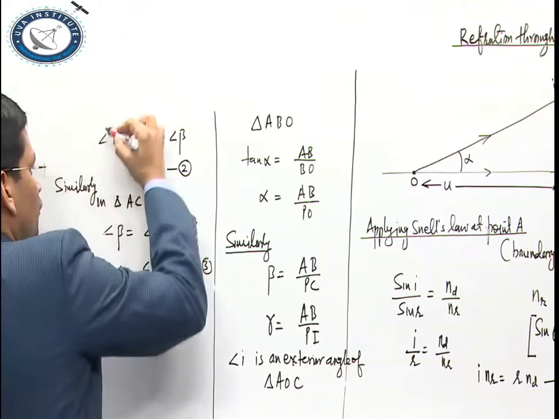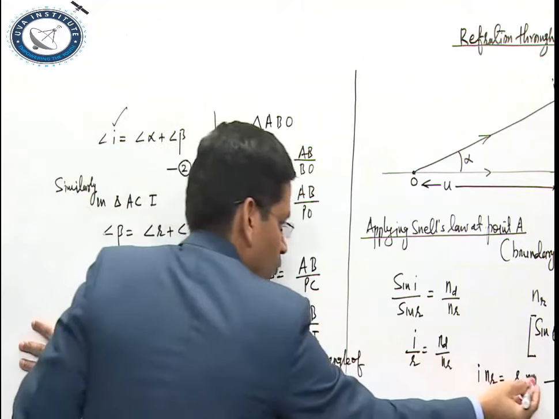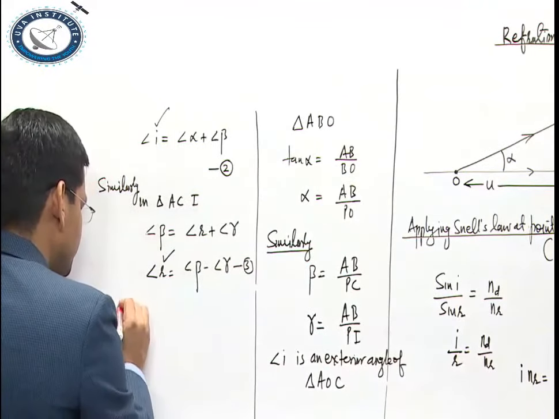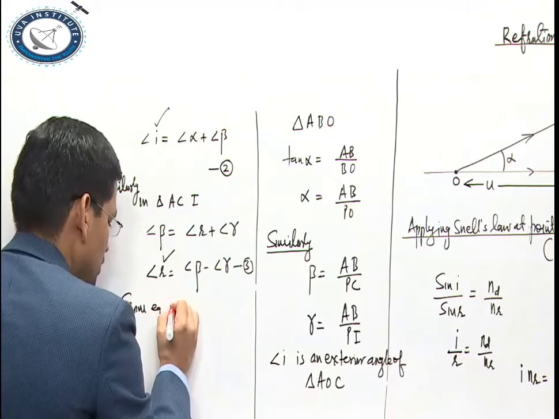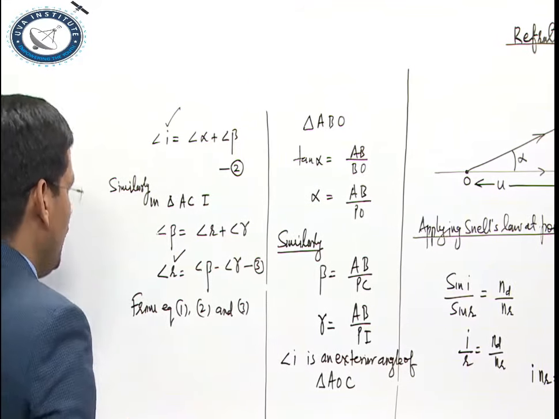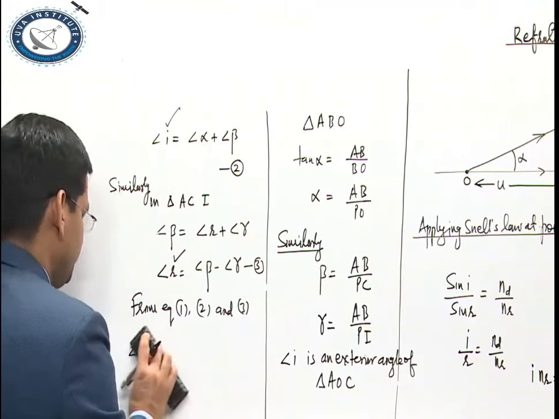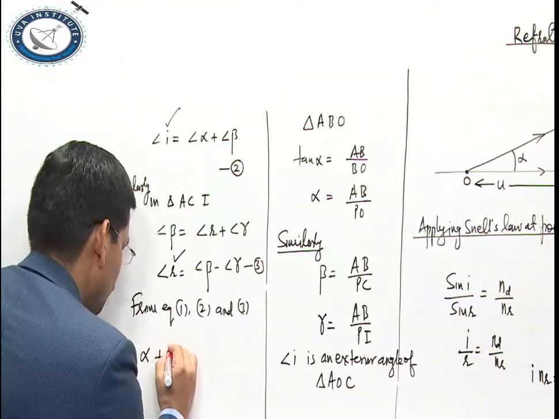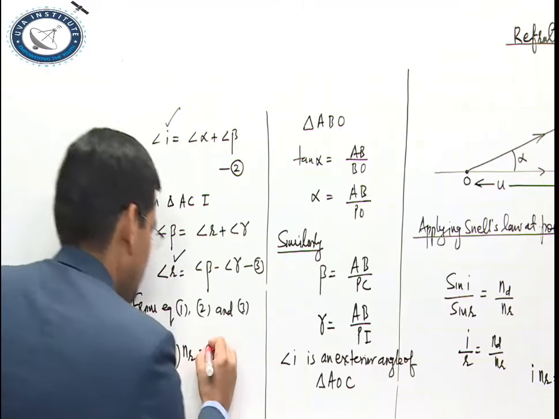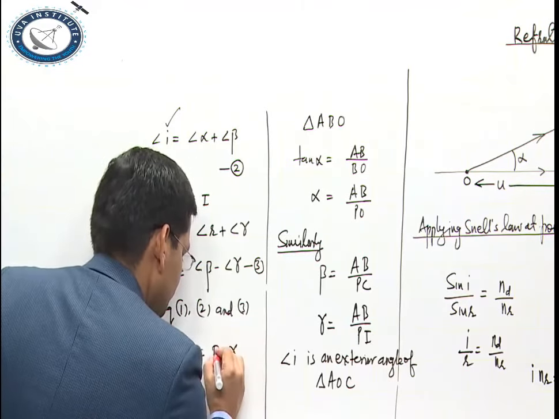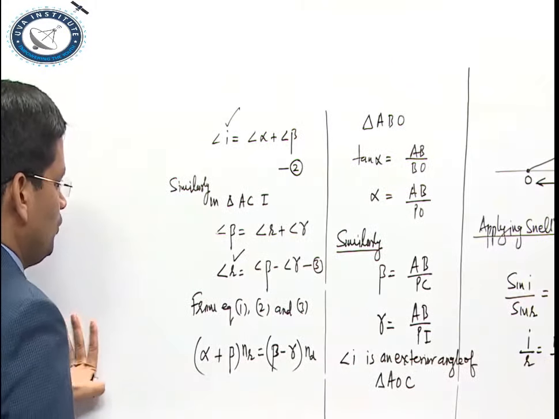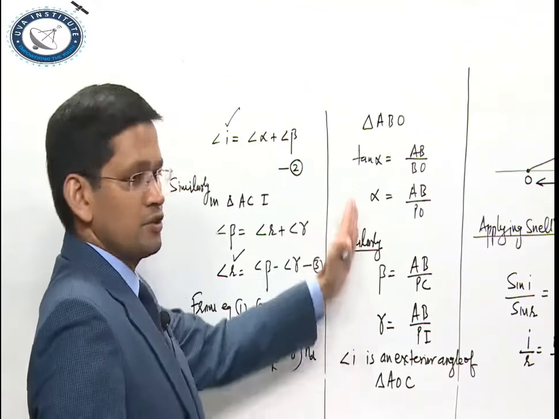Now I will substitute the values of angle i and angle r in equation number 1, which I derived earlier. From equations 1, 2 and 3, angle i is alpha plus beta, so (alpha plus beta) into Nr is equal to (beta minus gamma) into Nd. Now you can substitute the values of alpha, beta, gamma from these equations.